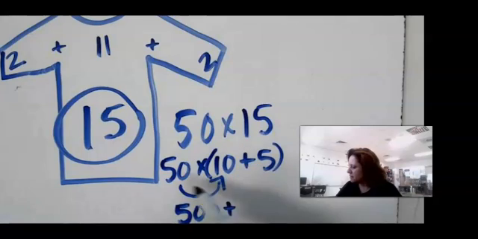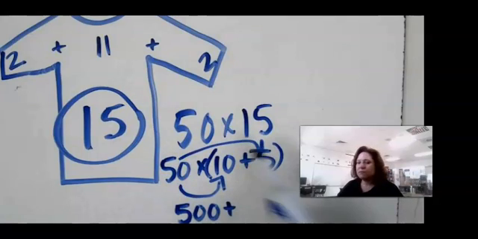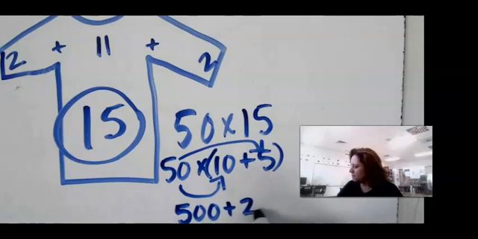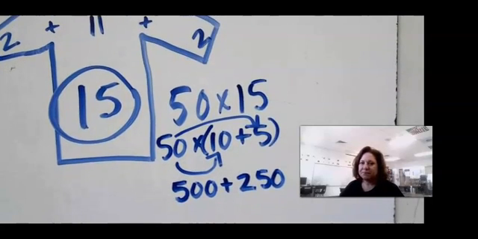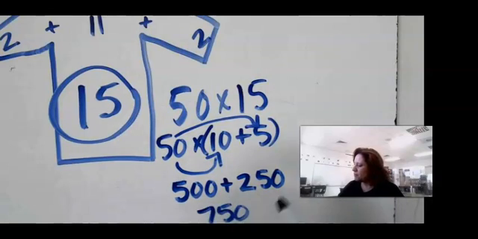plus, our next step is 50 times 5. Well, 5 times 5 is 25. So 5 times 50 is 250. So once we combine those two numbers together, we are going to have 750 buttons. Approximately, right?